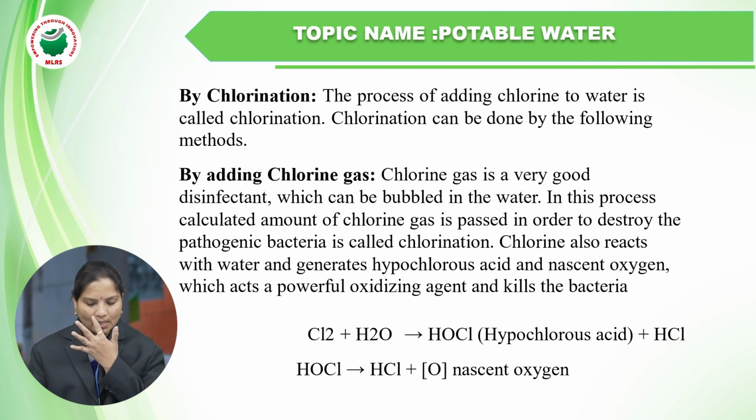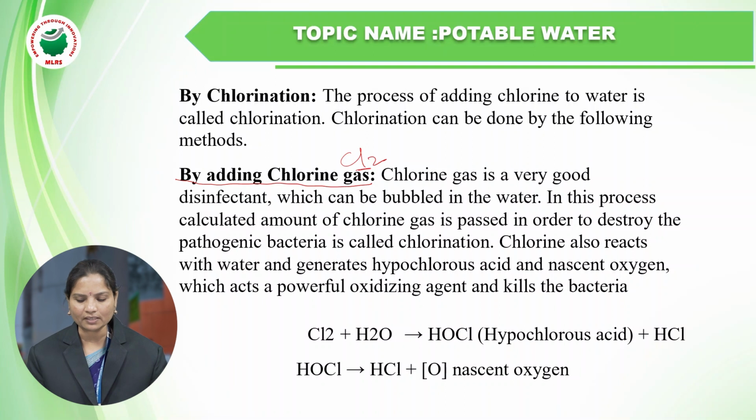Then the chlorination process. In this process, adding chlorine to the water to kill the bacteria is called the chlorination process. There are several chlorinating agents, like chlorine gas, Cl2 gas, chloramine, and bleaching powder. First, by addition of chlorine gas, Cl2 gas: it is a very good disinfecting agent which is absorbed by water and can be bubbled through it.